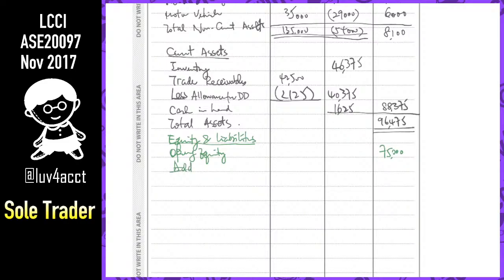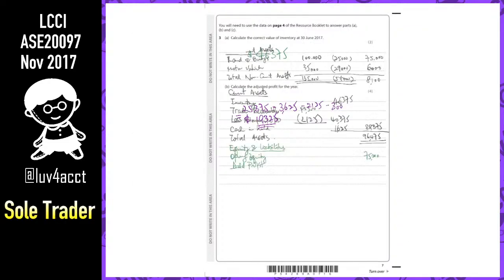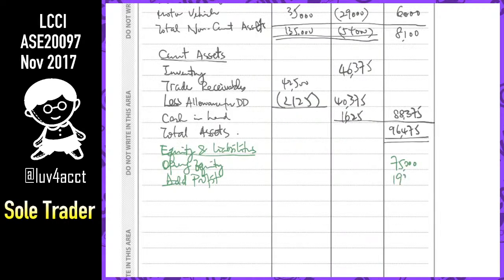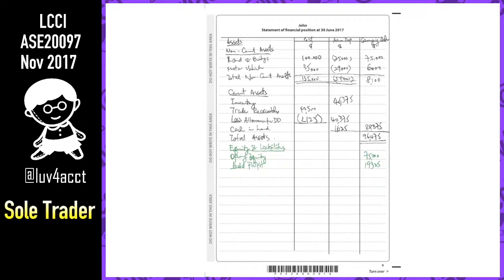And profit for the year. Our profit calculated is 19325. Any drawings? Let's see. Drawings not given to us, so there is none. 94325.